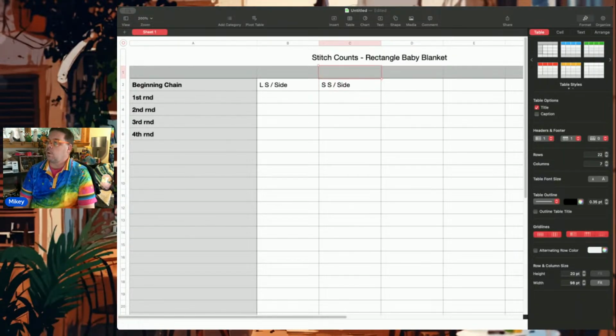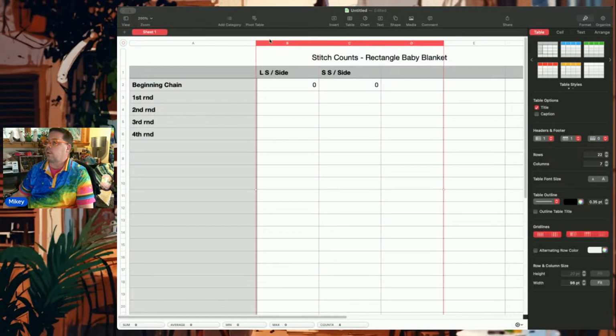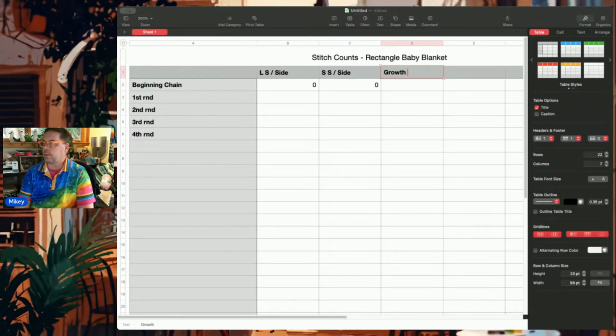So we have 0. Actually, this should be up. So we're going to just copy that and copy that. And so in the beginning chain, there's 0. So the neat thing about crochet is that I'm going to move him. So we're going to say what the growth is. So the growth per side is going to be the same for both sides.